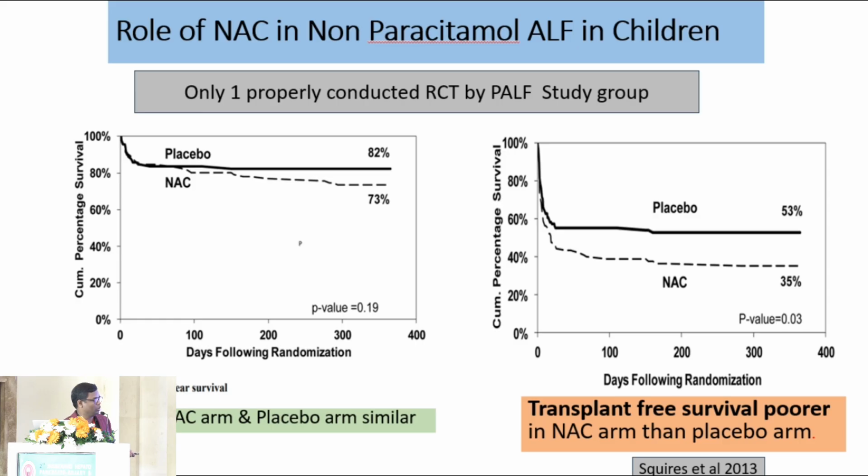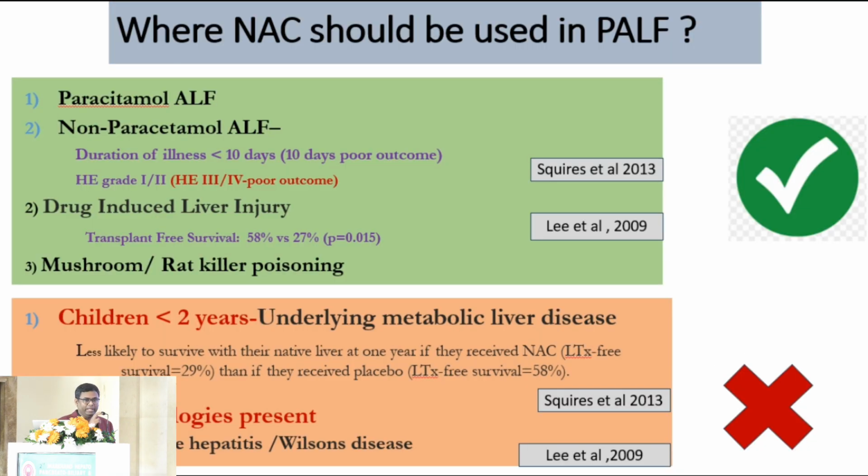But the problem was, although the overall survival was similar, the transplant-free survival was poorer in the NAC group as compared to the placebo one. So we use NAC selectively, not as a panacea for all. We use it in paracetamol cases, and in a few of the non-paracetamol cases where the duration of illness is less than 10 days or grade 1 to 2 hepatic encephalopathy.